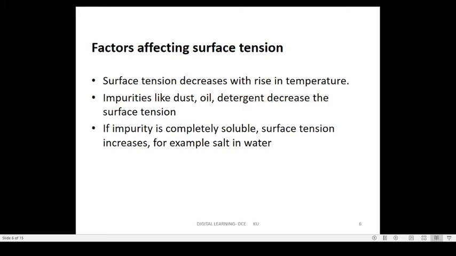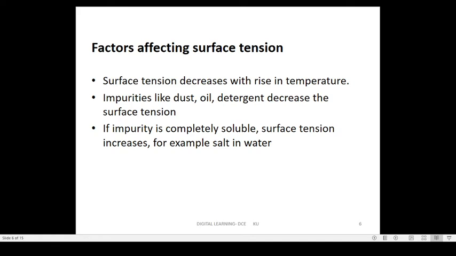Also, if the impurity added is a completely soluble impurity like salt in water, that is, if salt is added in water, then the surface tension of the liquid increases.